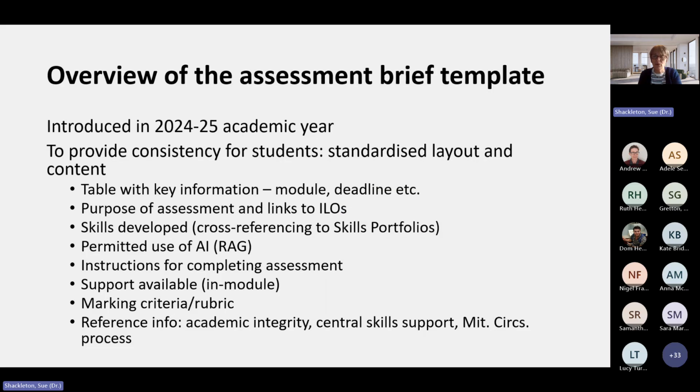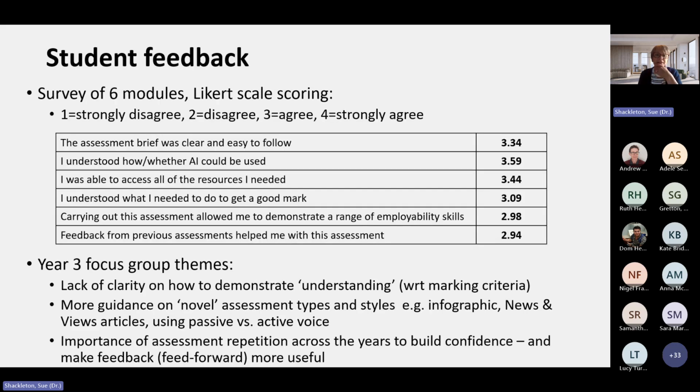And we also surveyed students on several of the modules. I think it was 6 modules, 2 or 3 in each of the year groups, so ranging from level 4 to level 6. And we used a Likert scale, so 4 points, so strongly disagree, disagree, agree, or strongly agree, scoring from 1 to 4.